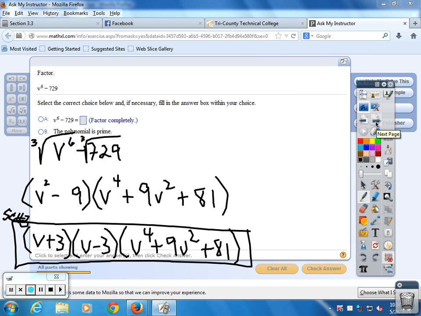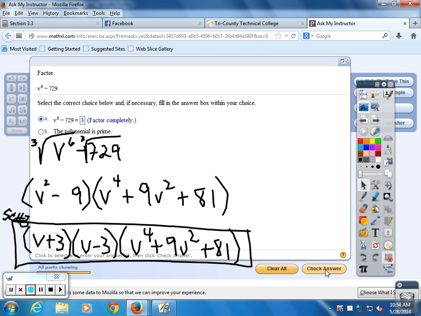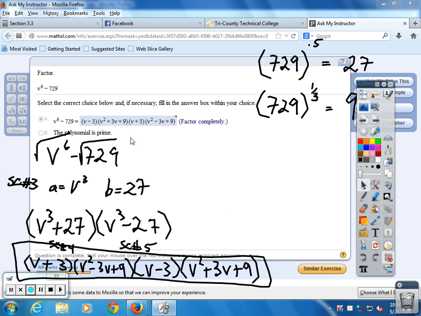Now, I don't know which method they will take. They may take both answers. I haven't typed in both answers, but I'll type in the first one and let's see what they get. They did it shortcut number 3, then shortcuts 4 and 5.